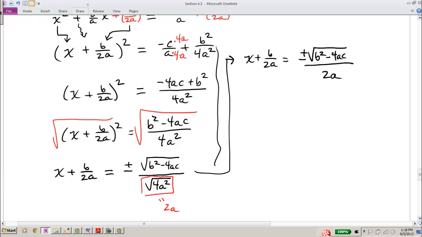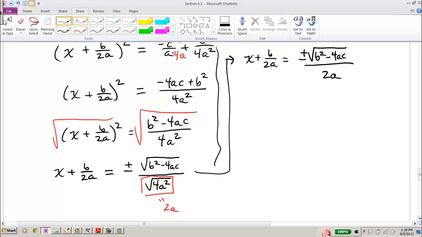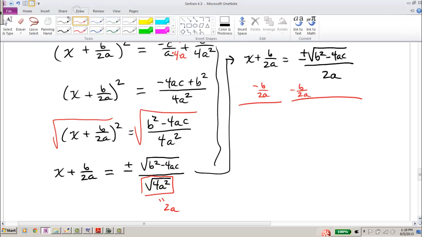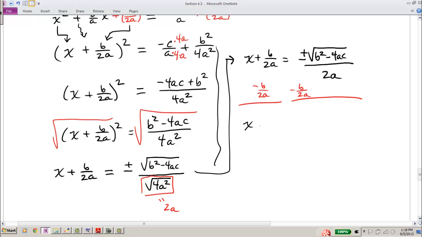The only thing left to do to get x by itself is to subtract b over 2a from either side. So we have x equals minus b over 2a plus or minus the square root of b squared minus 4ac over 2a.